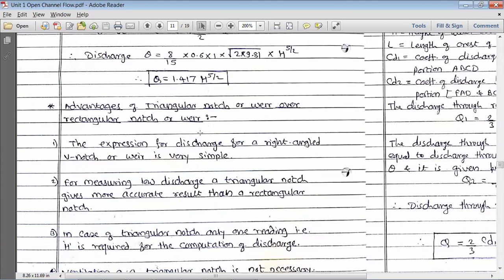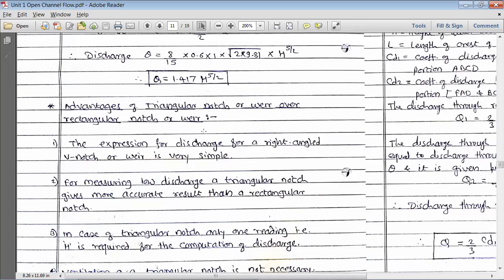Just as in differential manometers we saw that if we want more accurate results, then we should prefer the inverted differential manometer, because it is more sensitive. Similarly here also, if the flow has small discharges that vary, then to get the accurate result we should prefer the triangular notch or V notch. In case of triangular notch only one reading is required for the computation of discharge.